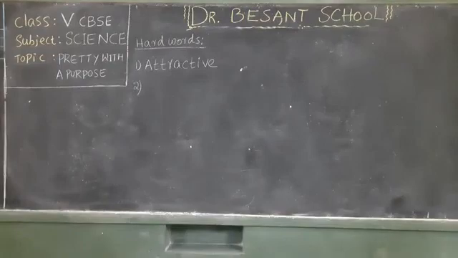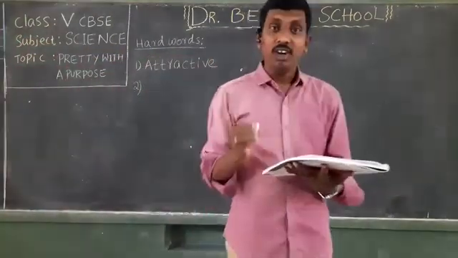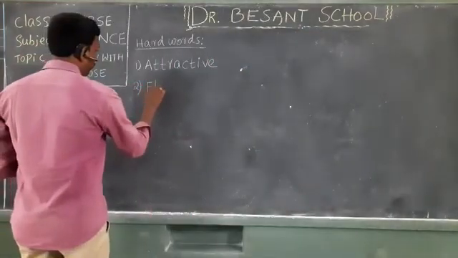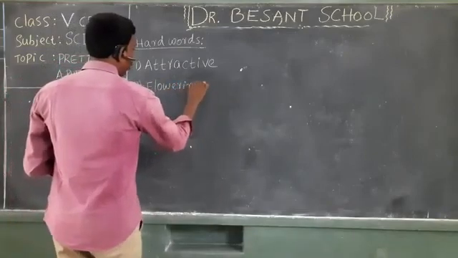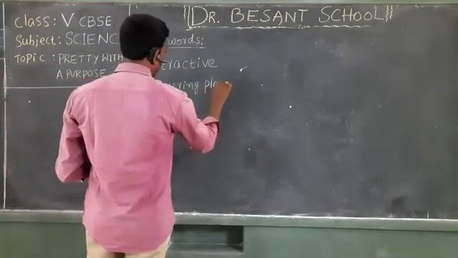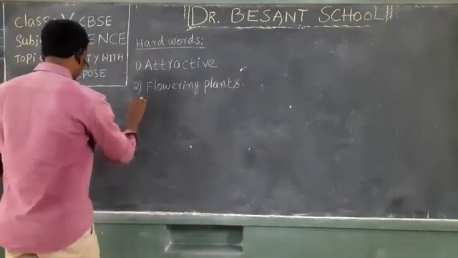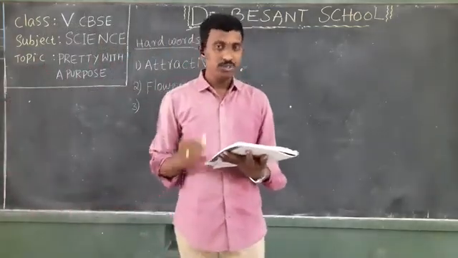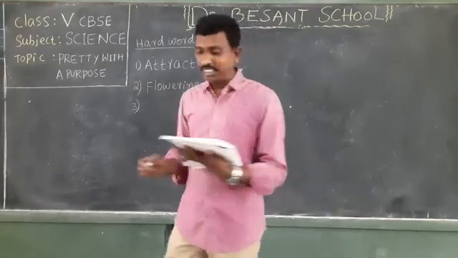Okay, my dear students, attractive or no? Next, plants that bear flowers are called flowering plants. You highlight flowering also. Flowering plants. Highlight these two words. Flowering plants, like mango, highlight mango, and jasmine.